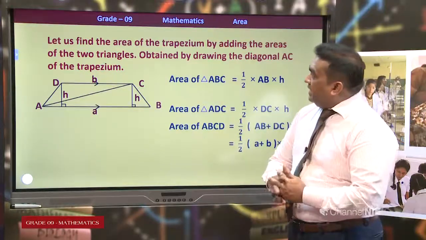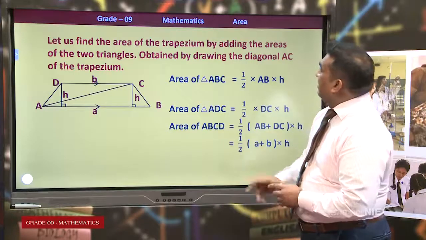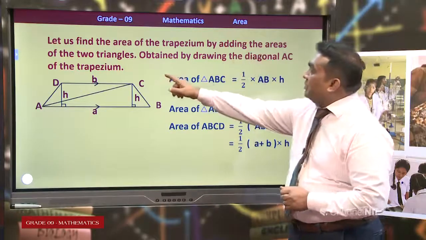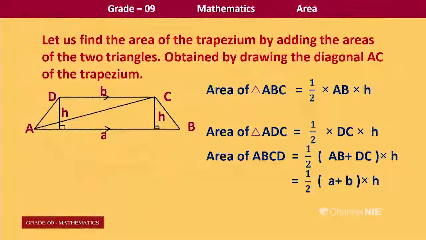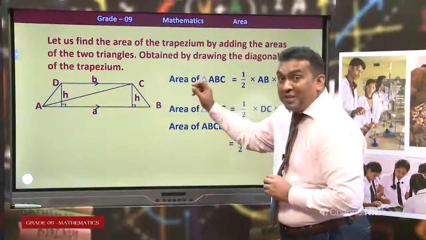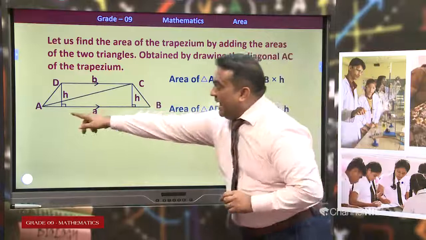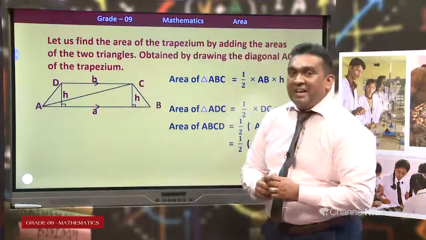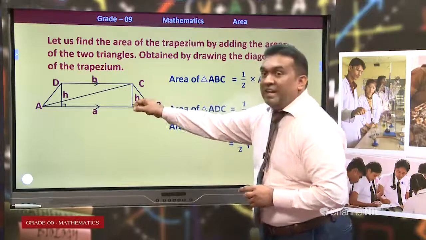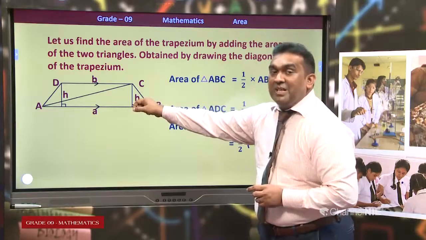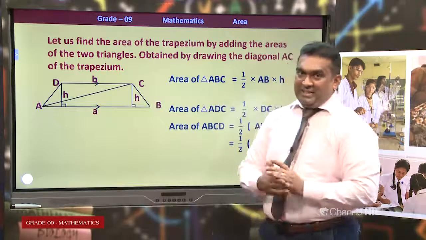Let us find the area of the trapezium by adding the areas of 2 triangles obtained by drawing the diagonal AC of the trapezium. How to get the diagonal? Joining the opposite vertices A and C, the diagonal AC. This diagonal divides this trapezium into 2 triangles.